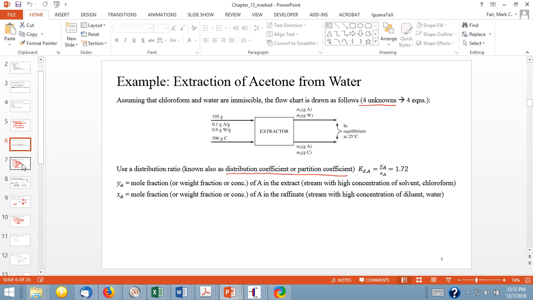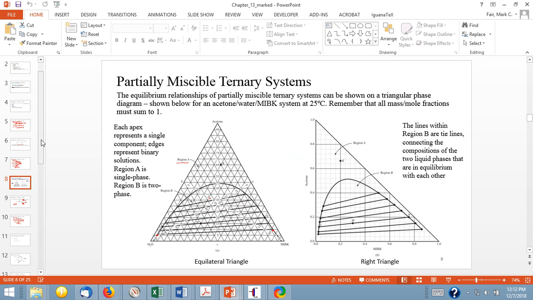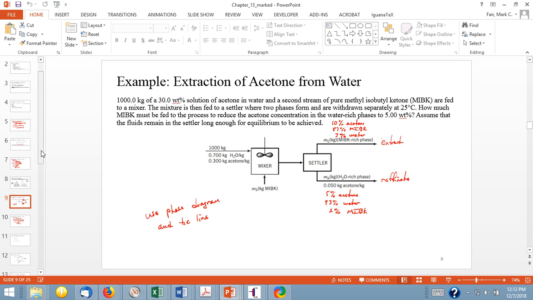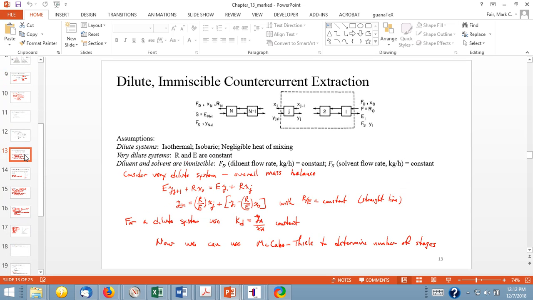Hang on, let me get down maybe to the right problem. That might help here. I wanted, hang on, let me see which one it is.